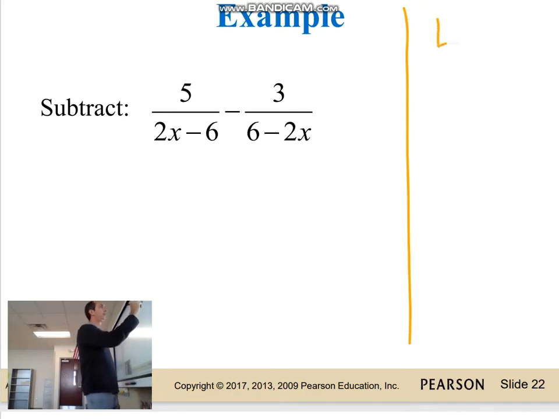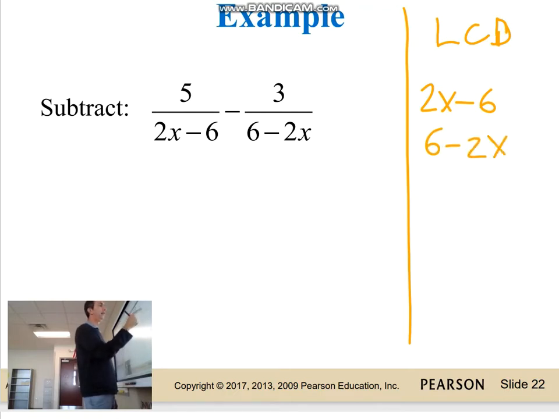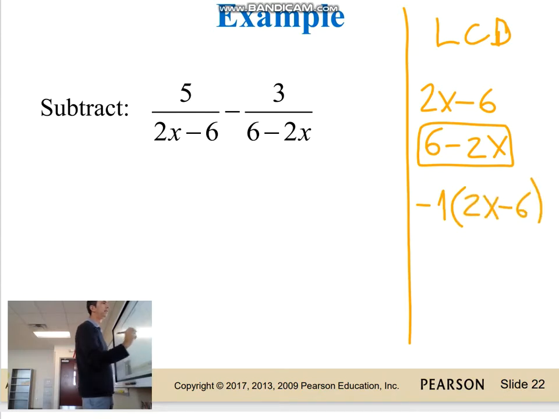If we try to find the least common denominator, you're going to see that 2x minus 6 and 6 minus 2x are opposites. So we can factor out -1 from one or from the other. Let's factor out the second one: -1 times 2x minus 6.